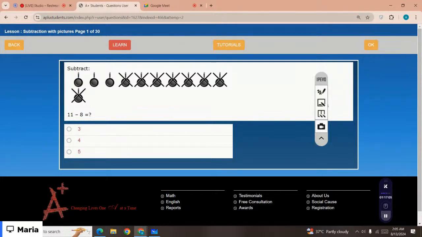That is 3. 11 take away 8 is 3. You need to count the ones that are not crossed. So only 3 of them are not crossed. The correct option is 3. Got it?